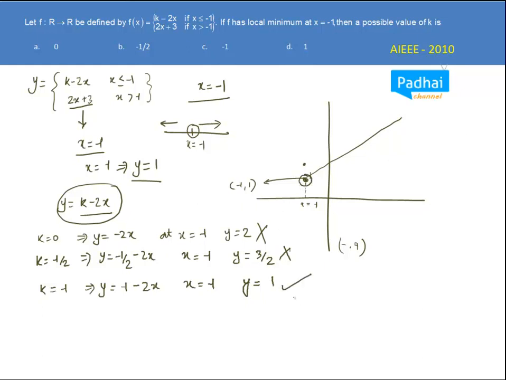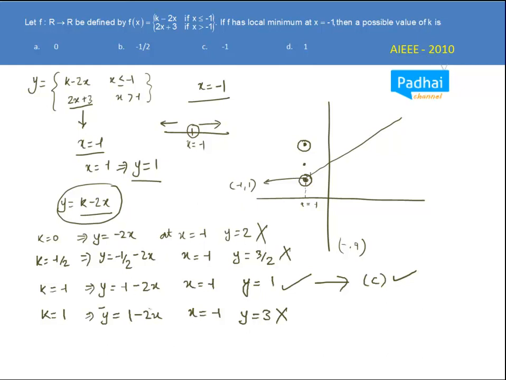But let's see the other option first. If k is equal to 1, then y will be equal to 1 minus 2x, and at x equal to minus 1 the value will become y equal to 3. Y equal to 3 is way beyond 1. It will be here. So this point again cannot be the local minimum, and the only option left is option C, which is the correct option.